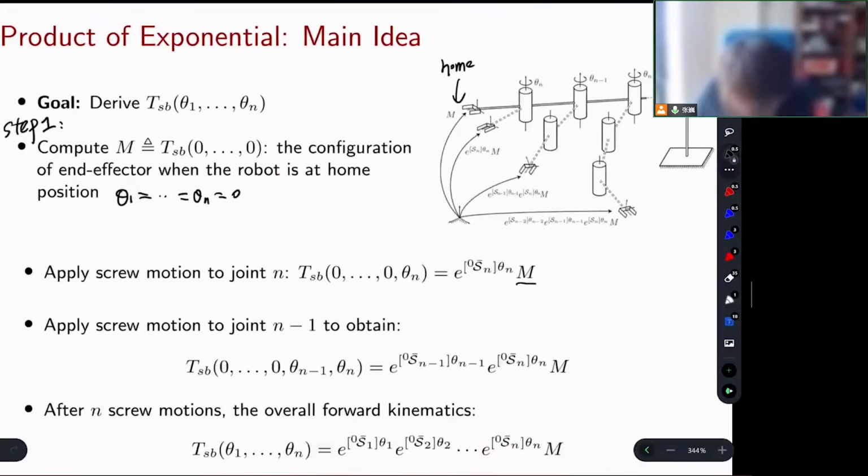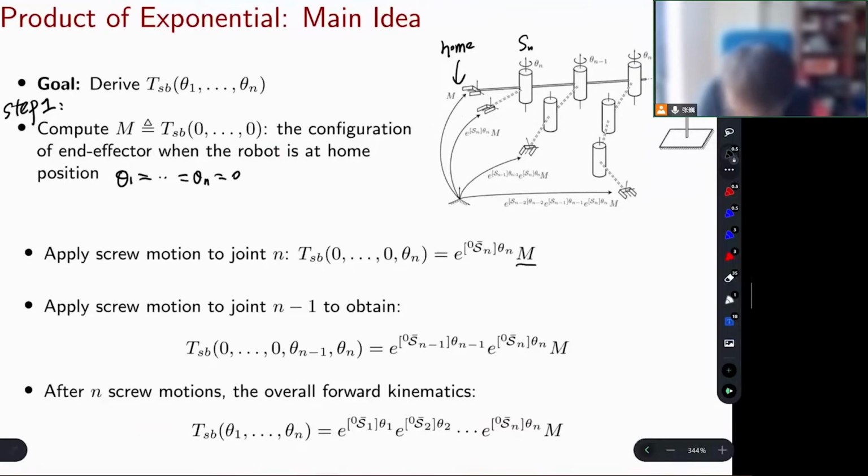Now you fix all the other joints to be 0. You apply the screw motion about this Sn coordinate, and then you will have this one.